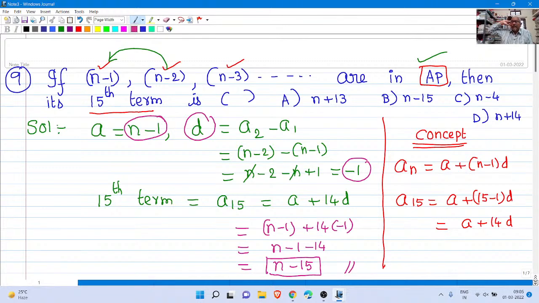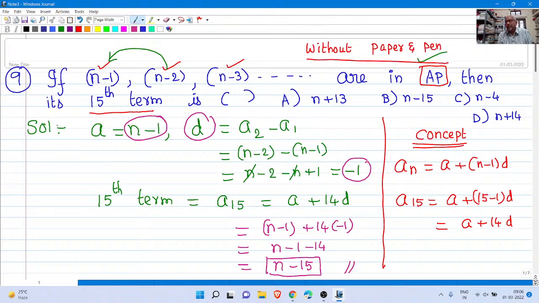This problem can be done logically also, without paper and pen. How? What is the logic?